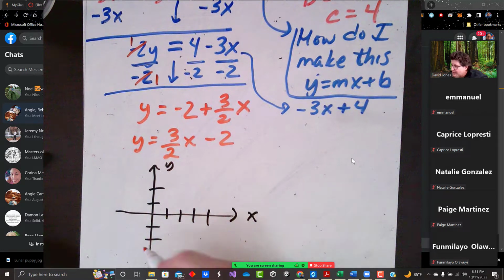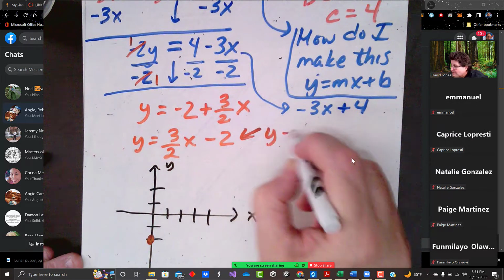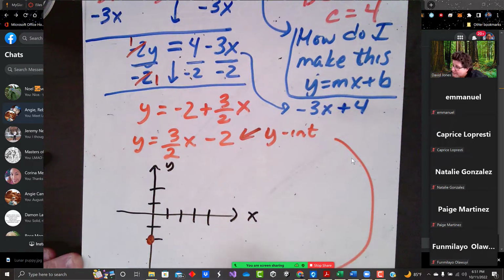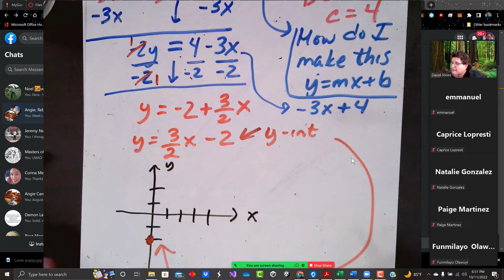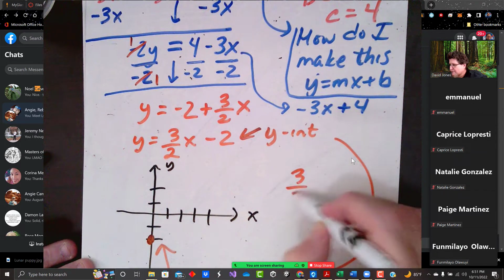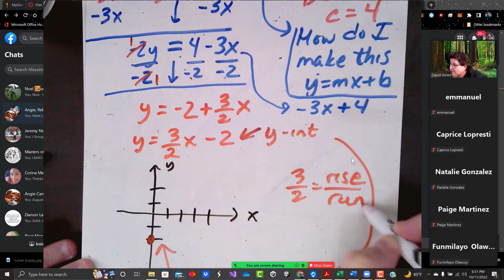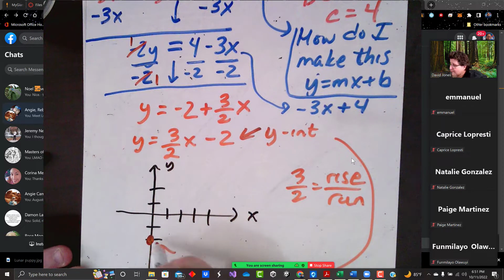I go down -2 to match this. That's my y-intercept. So that goes down here. And the 3/2 tells me how much to rise over run. Rise 3, run 2. I think it might be a little bit easier to show the run 2 first, and then rise 3.